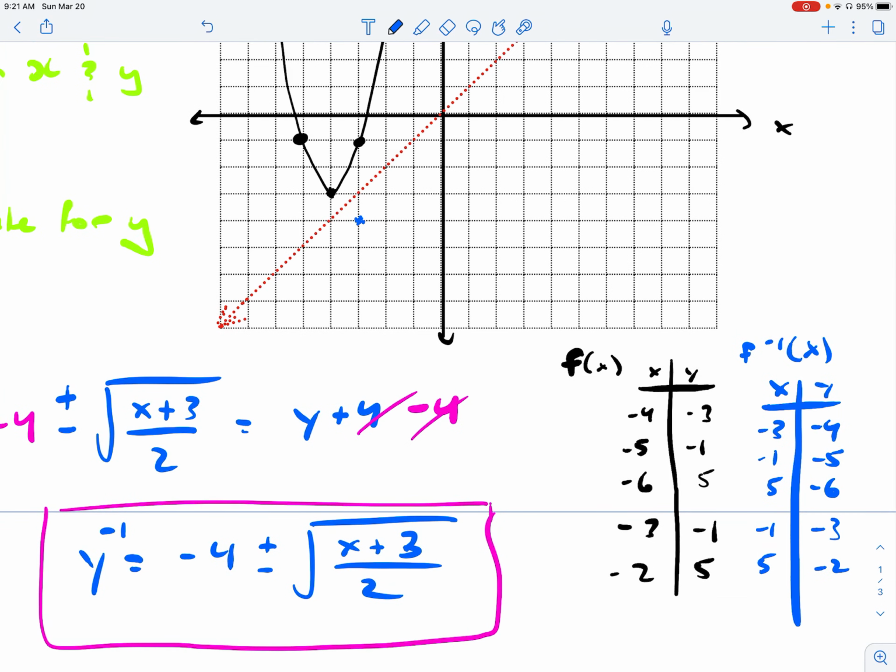Okay, so yeah, we already have -3, -4. So -1, -5, that will be right here. And then we have 5, -6. So 3, 4, 5, -6, that'll be right here. And then we had -1, -3, that's here. And then we have 5, -2, that's right here.